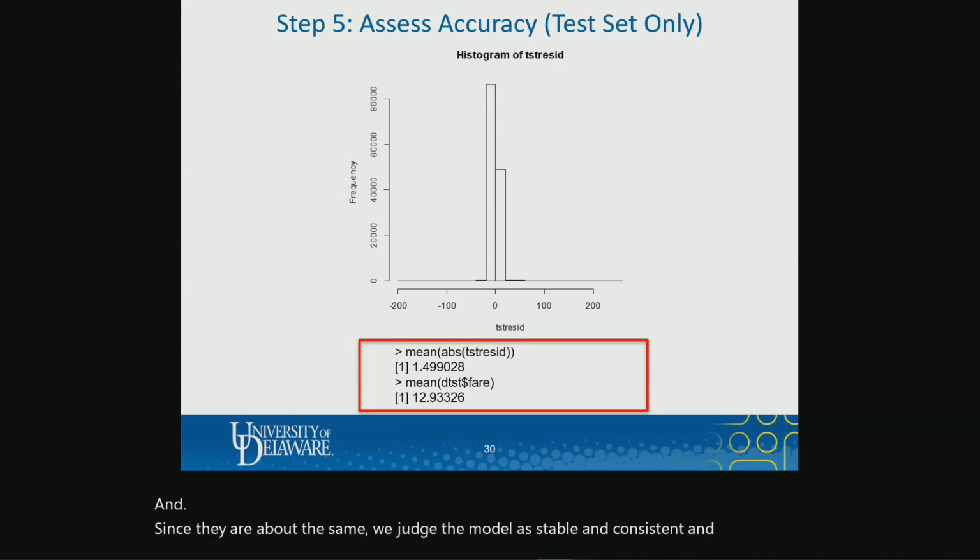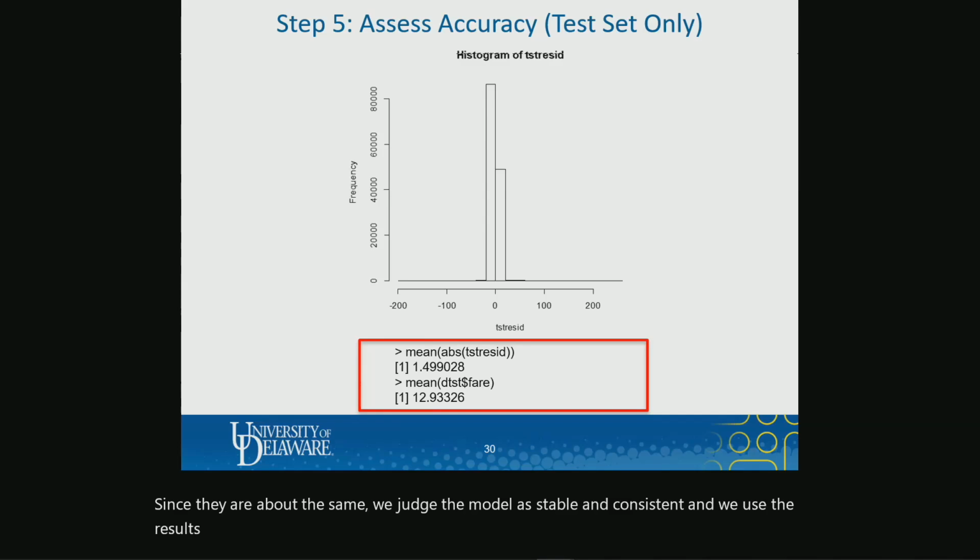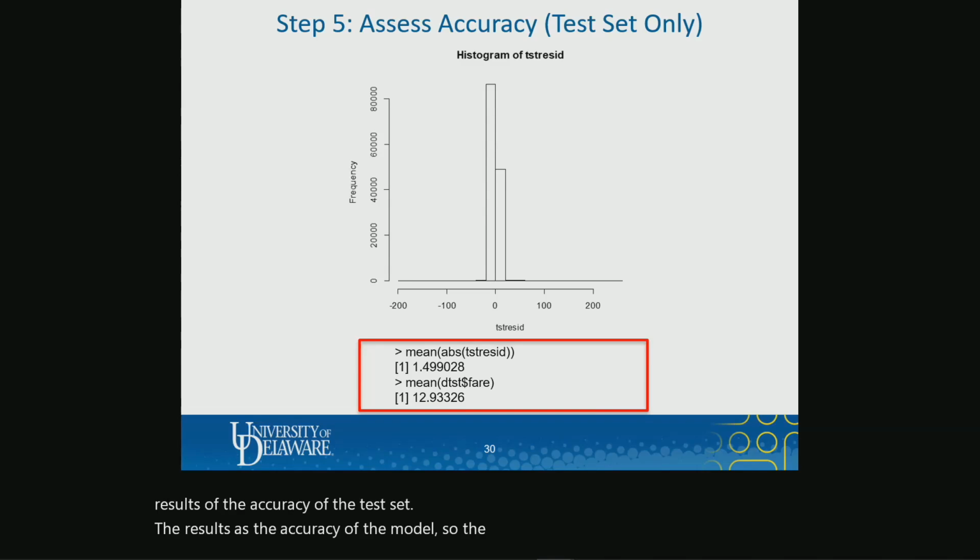And we use the results of the accuracy of the test set as the accuracy of the model. So the accuracy of the test set is used as a measure of accuracy of the model. Okay, the accuracy of the model is the accuracy of the model in the test set.